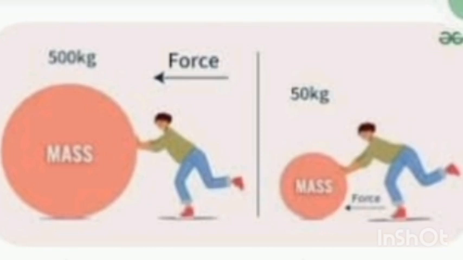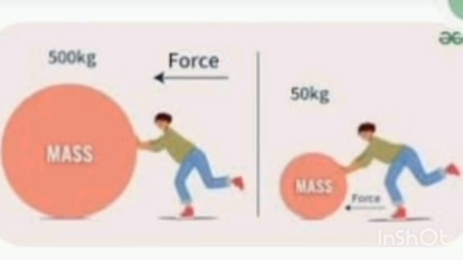One pushing 500 kg, the other pushing 50 kg. Now, according to the statement, the man pushing 500 kg will need to apply greater force. But the man pushing 50 kg will only use a small force for the 50 kg to accelerate.